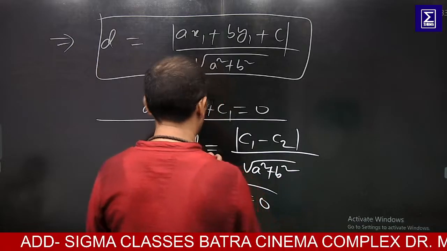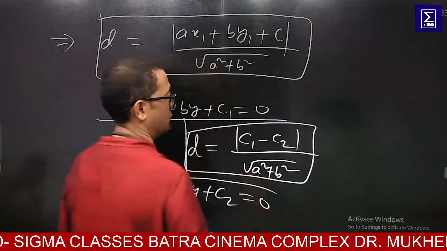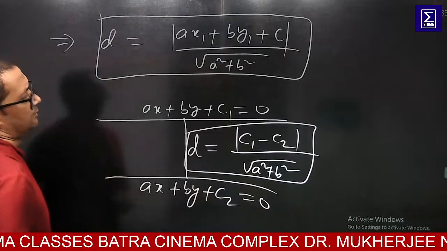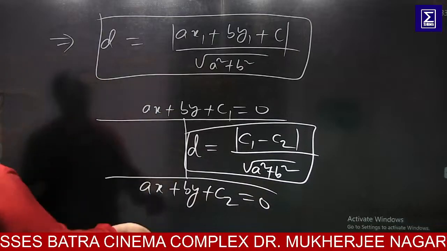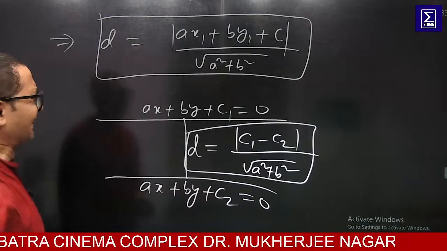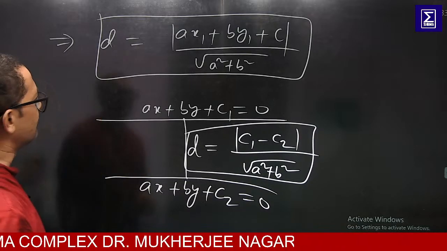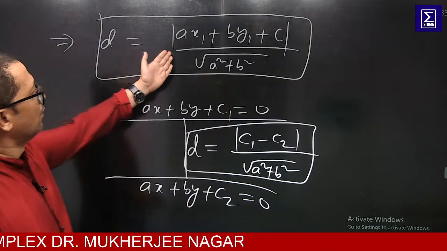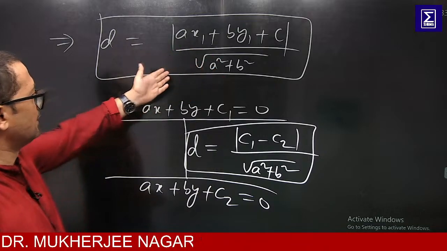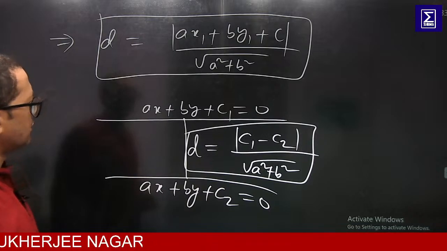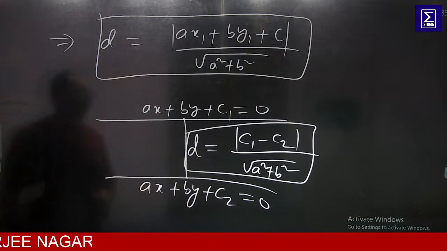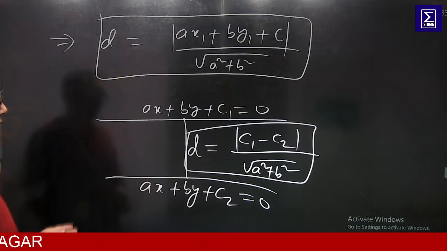So we will see how this is possible. This is based on this concept only. The perpendicular distance formula D is equal to A x1 plus B y1 plus C upon root under A square plus B square. So how we will do this?